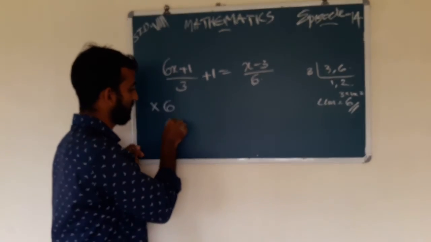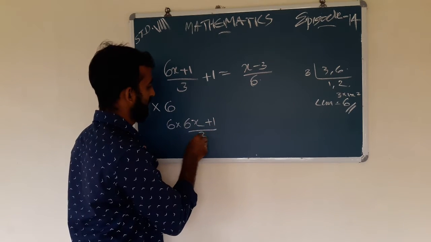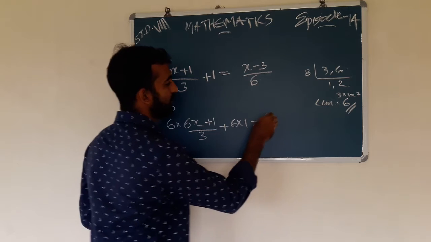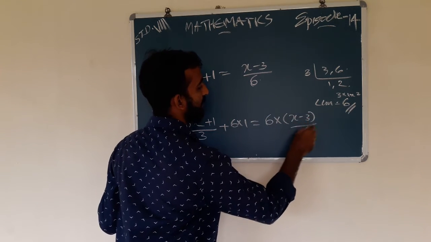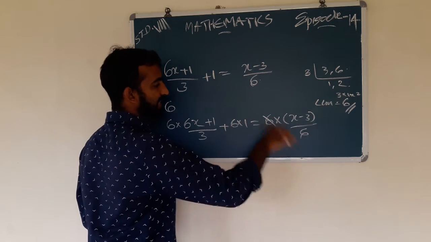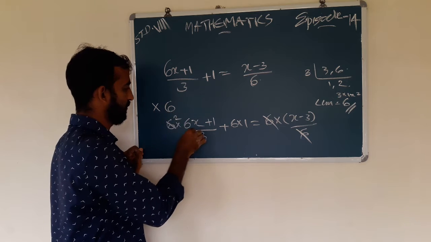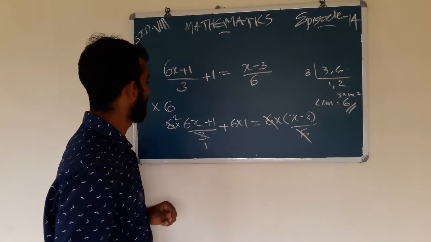We get 6 into (6x plus 1) by 3, plus 6 into 1, equal to 6 into (x minus 3) by 6. We can cancel and here we get 2.